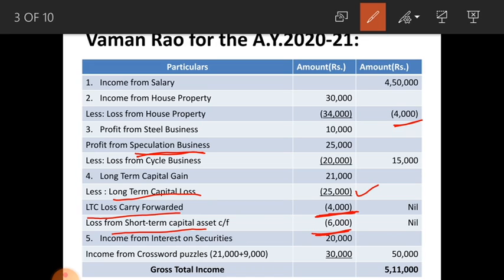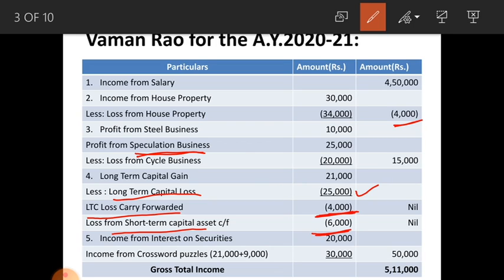If you write it in outer column, that means you are setting off the loss against other income. You cannot do that in case of long term capital loss as well as short term capital loss in this problem.